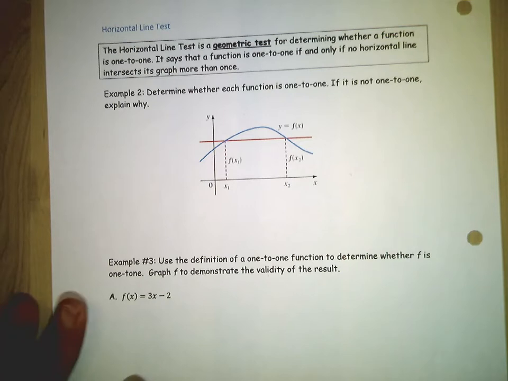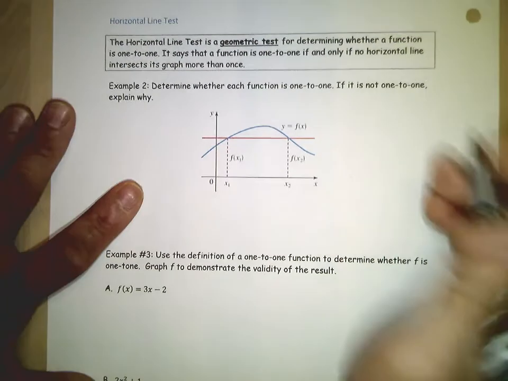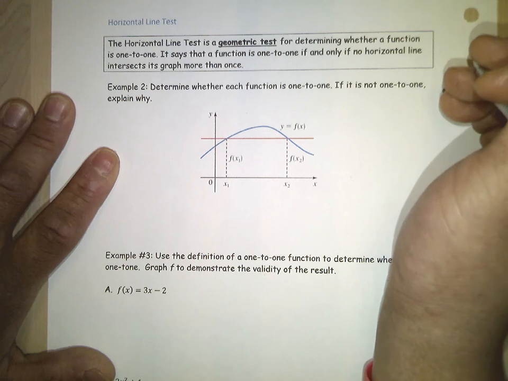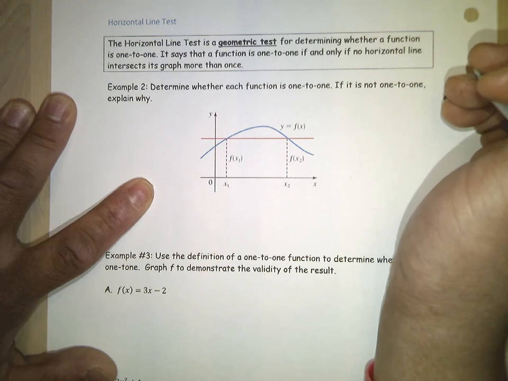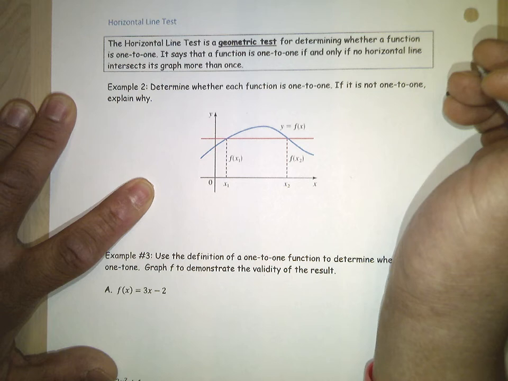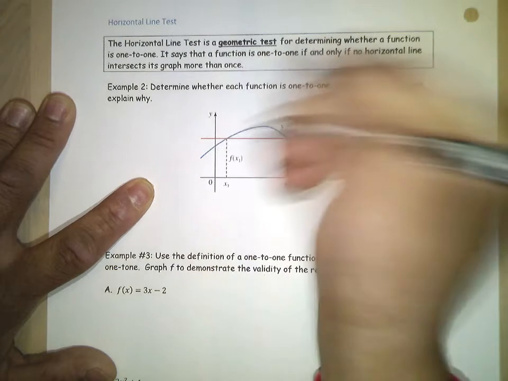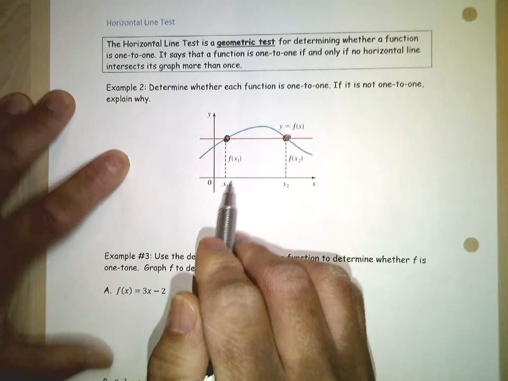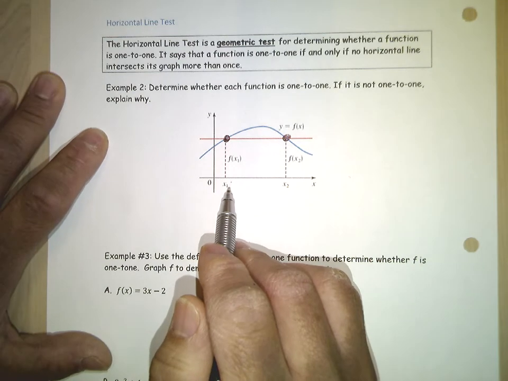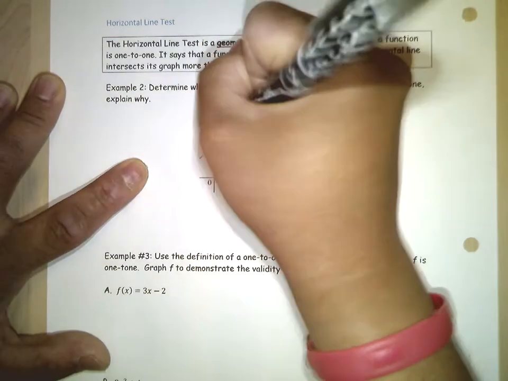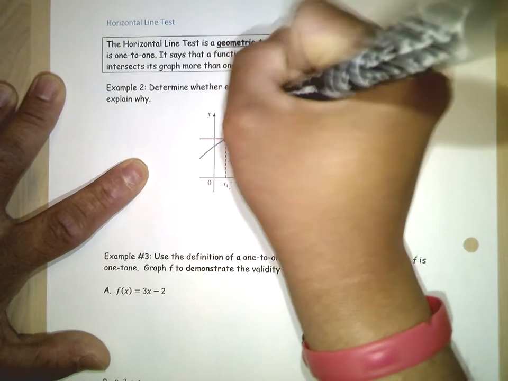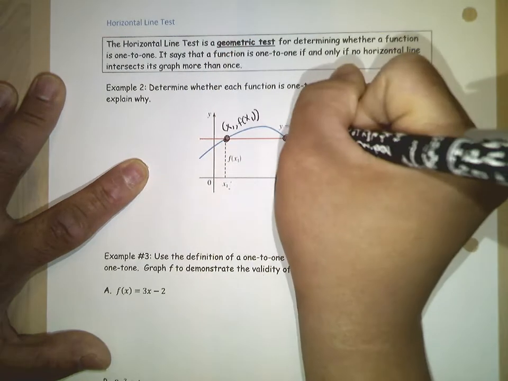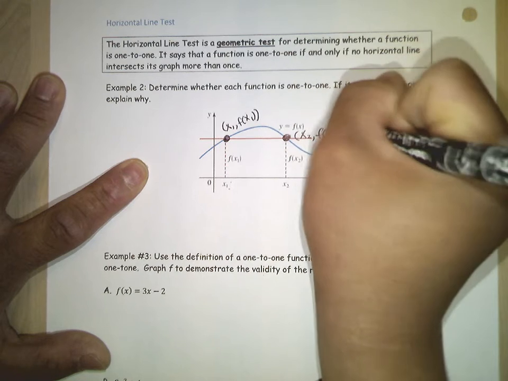Another way to look at this visually is through the horizontal line test. This is a geometric test for determining whether a function is one-to-one. It says that a function is one-to-one if and only if no horizontal line intersects the graph more than once. Here we have x1, f of x1, and here we have x2, f of x2.